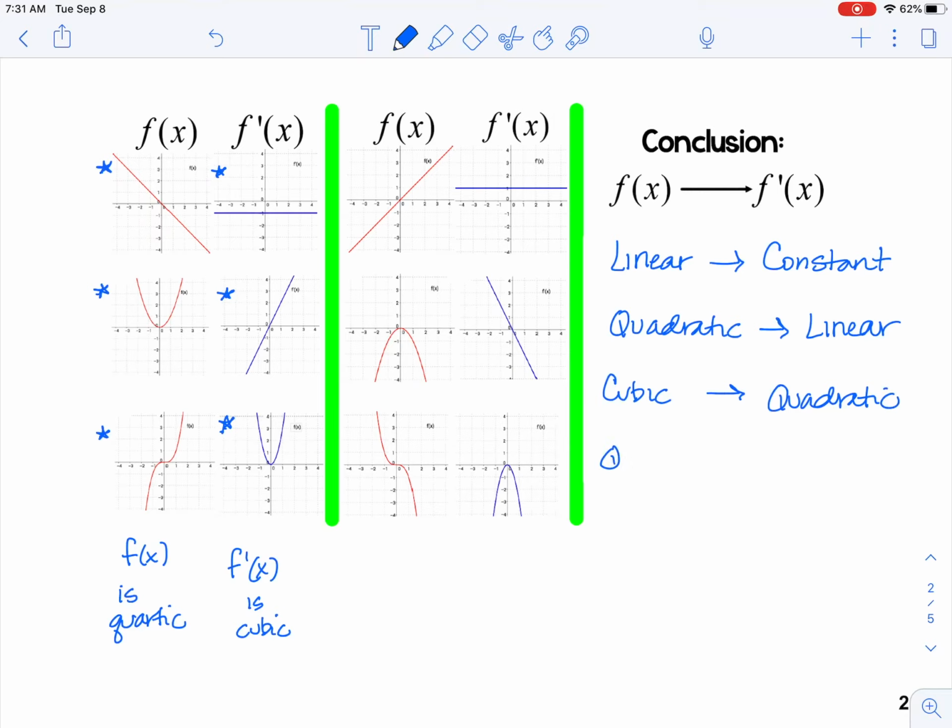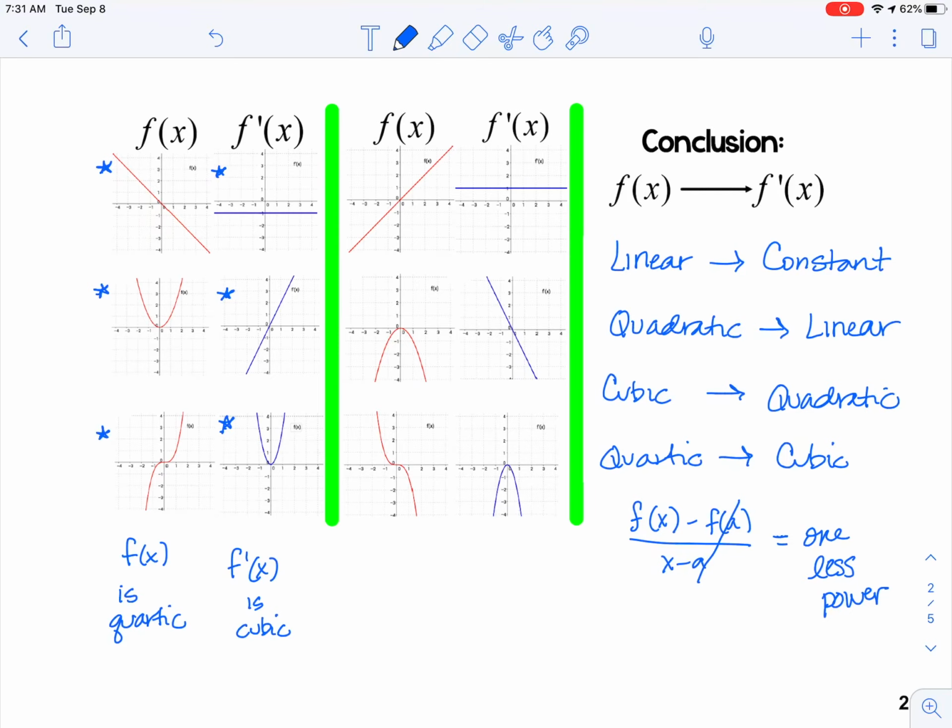And if a function is quartic, its derivative is cubic. And why does that work? If you think about the derivative, it comes from f of x minus f of a over x minus a. These are just constants. So f of x divided by x means you're taking 1 less power. You are dividing by x, so it'll drop you down 1 power.